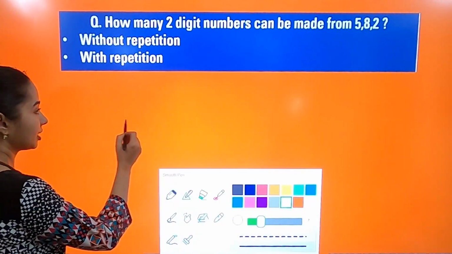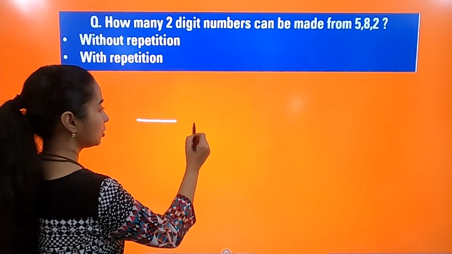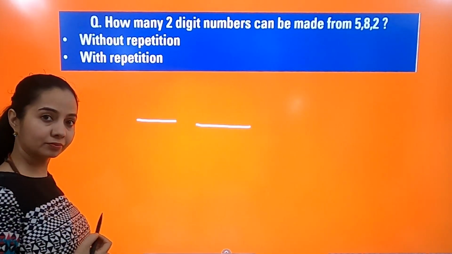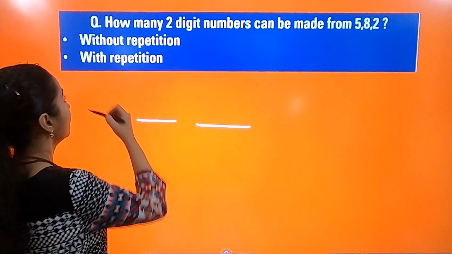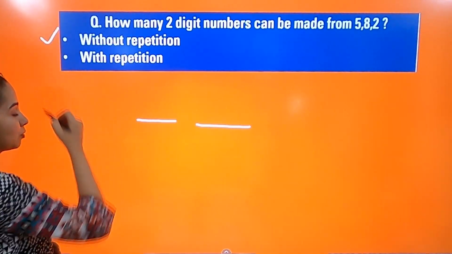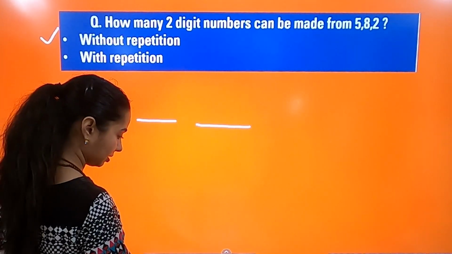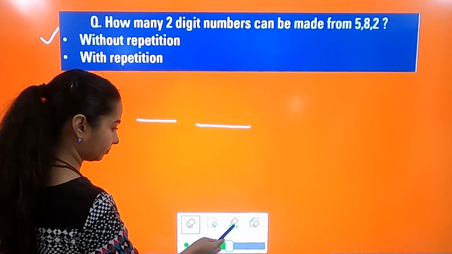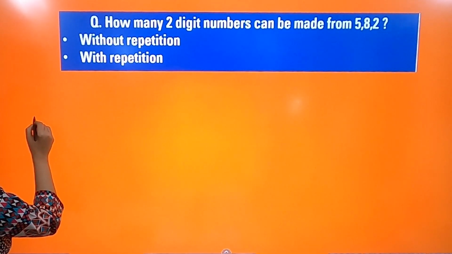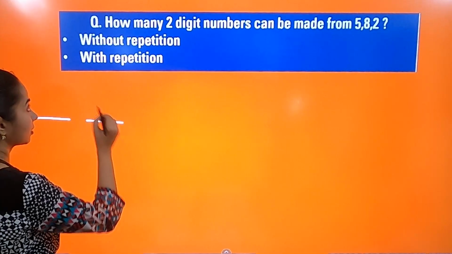See, it has been mentioned that we have to make a 2-digit number, right? First we'll do without repetition.